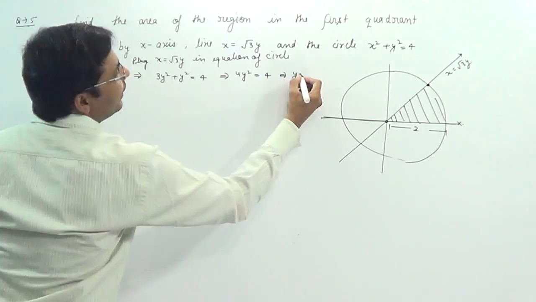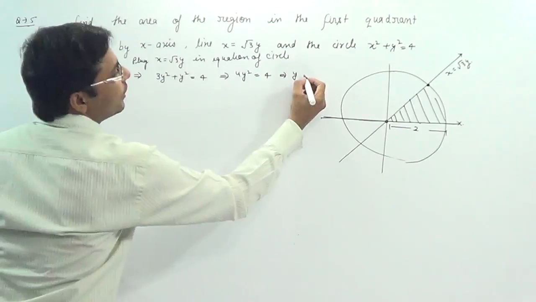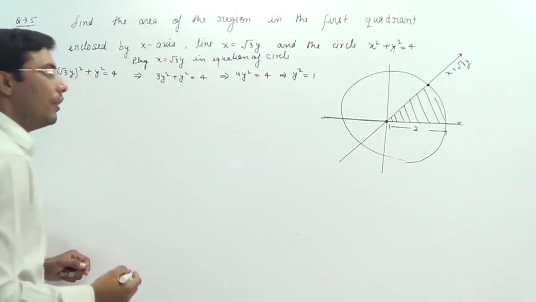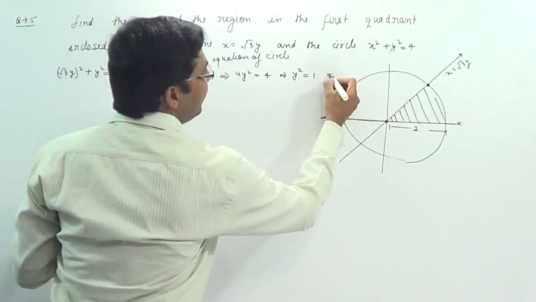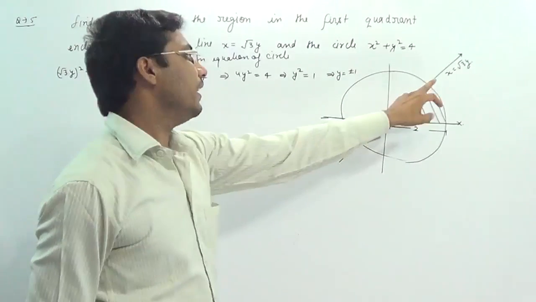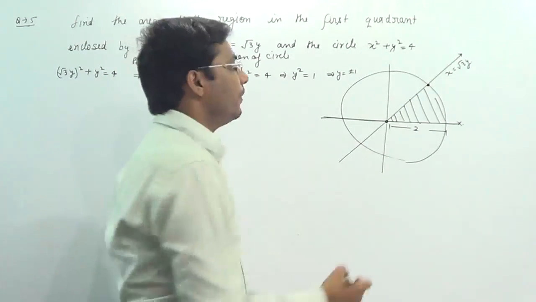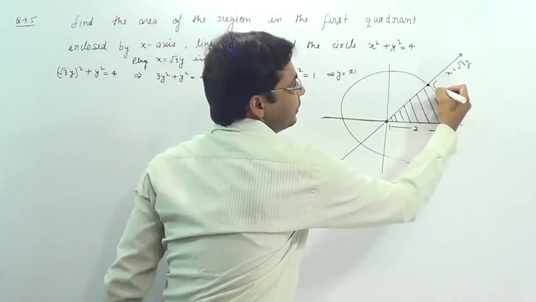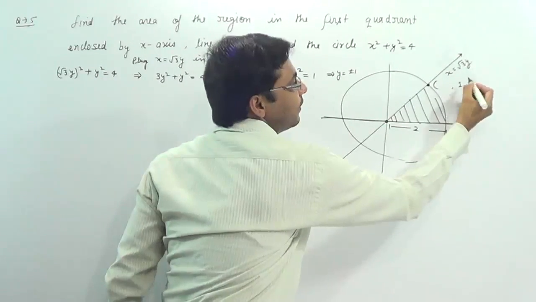So 3y² + y² = 4, so 4y² = 4. So y² = 4/4 = 1. So the value of y can be negative 1 or positive 1. But we need to find the area in the first quadrant, so we will take the positive value. So the value of y is 1.